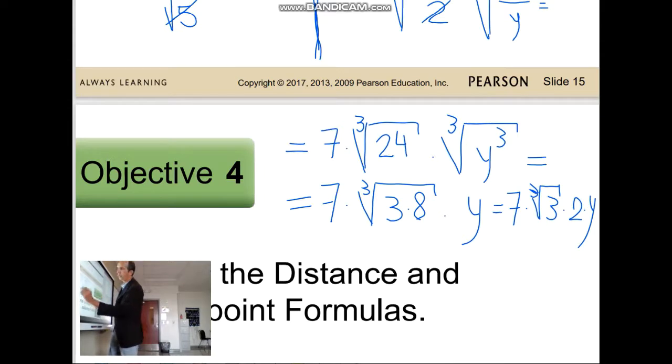The result here is going to be 7 times 2, 14, times cube root of 3 times y.